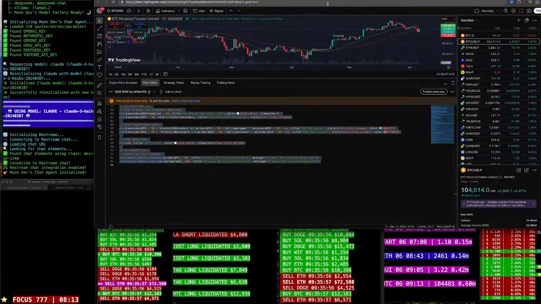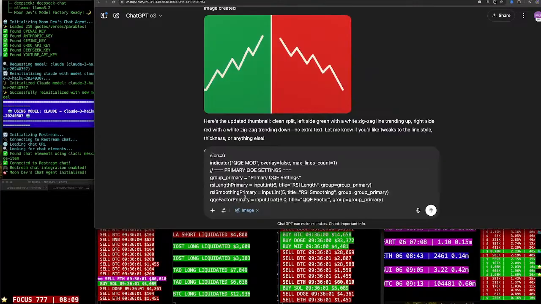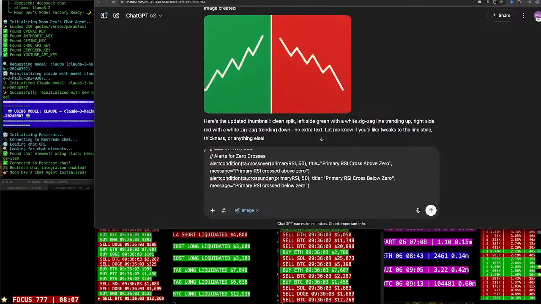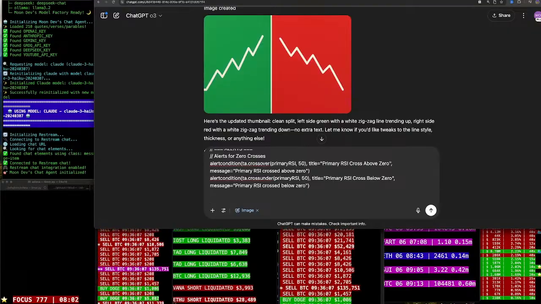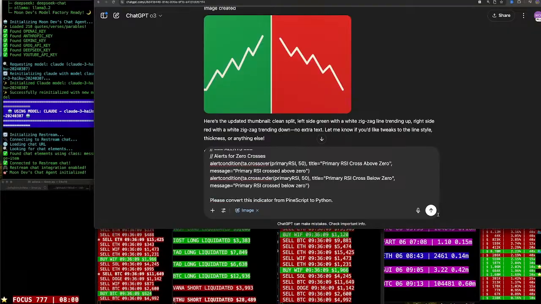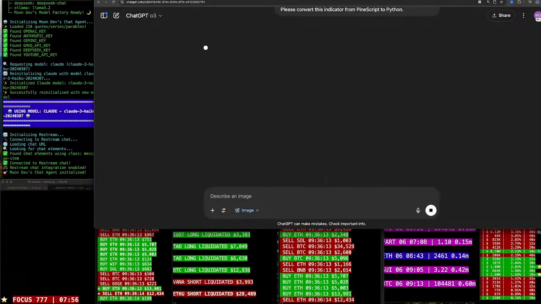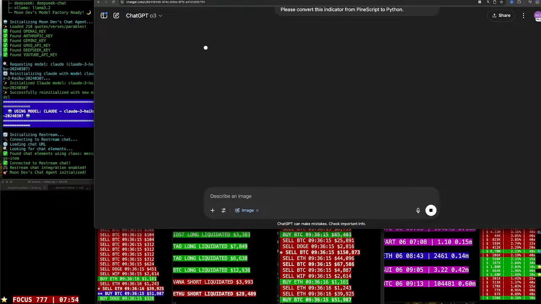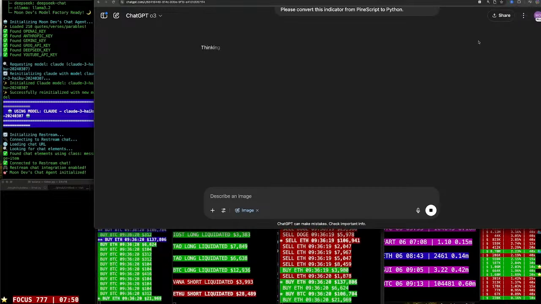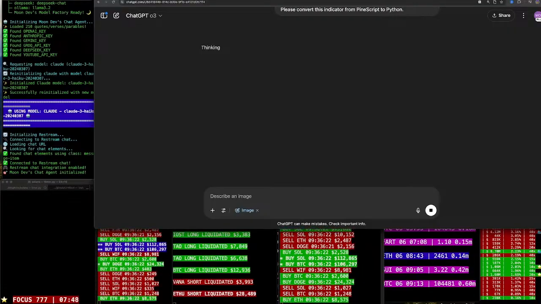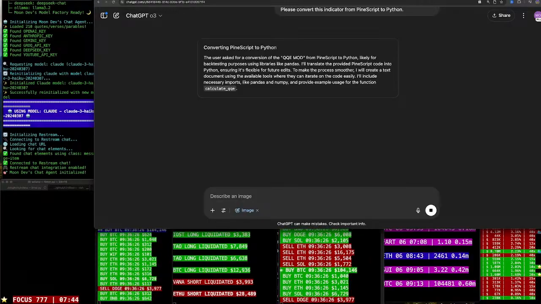I can just go here and then I'll go to ChatGPT and I'll say, hey, please convert this indicator from PineScript to Python. Python is the trading language you use. And you can literally have every single indicator from TradingView converted into Python for you. That's nuts.